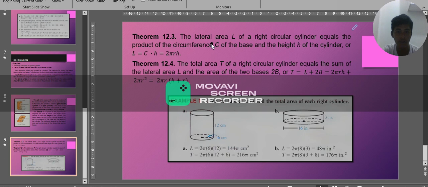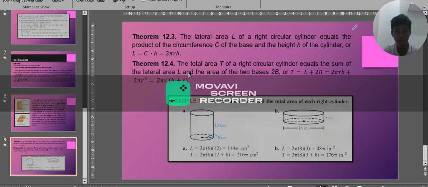So, height multiplied by the circumference of the base. You all know that the circumference of the base is 2 pi r. All you need to do when finding the lateral area of a right circular cylinder is multiply it by h. So that's how you find the lateral area of a right circular cylinder.